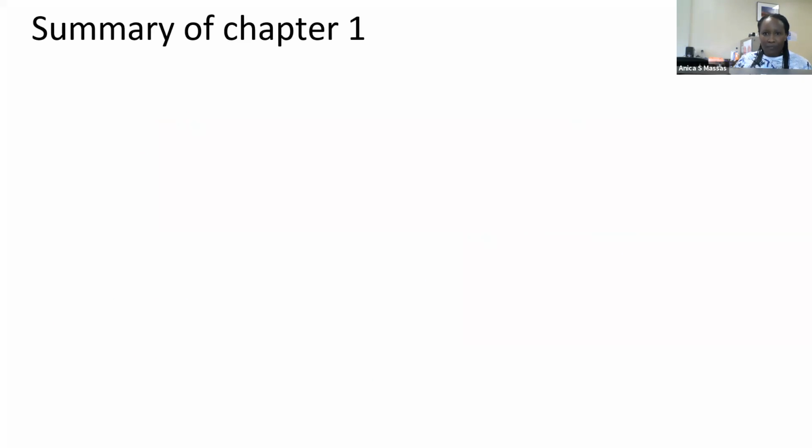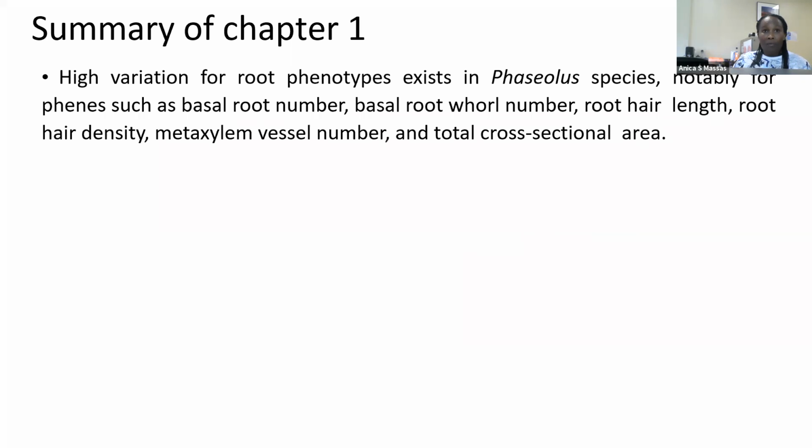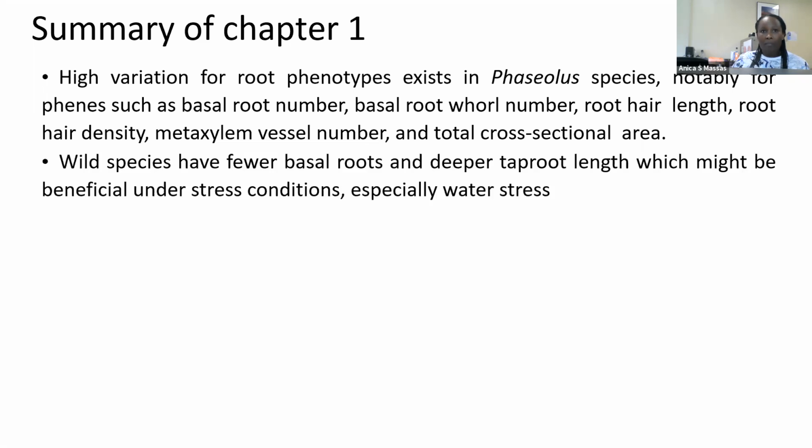As a summary for the first chapter, we find higher variation for root phenotype in Phaseolus species, for traits like basal root number, basal root whorl number, root hair length, root hair density, and anatomical traits. While wild species have fewer basal roots and deeper taproot length, which might be beneficial under stress conditions, especially water stress.